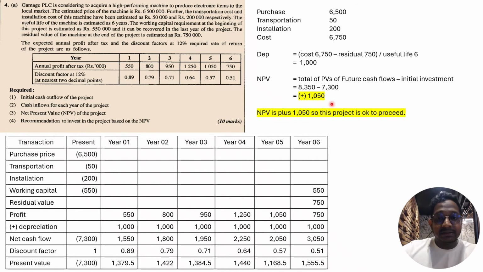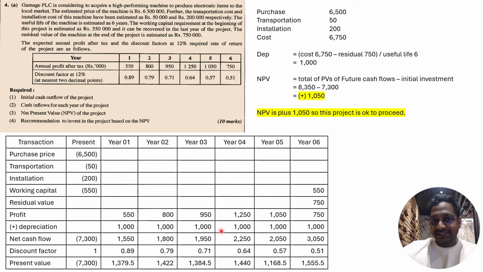So here this is a plus 1,050,000. And if the project's NPV has a plus value, it means that the investment project is okay to proceed.